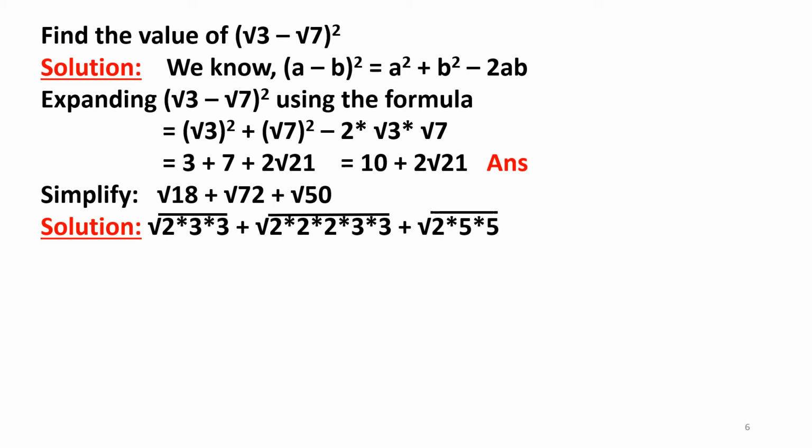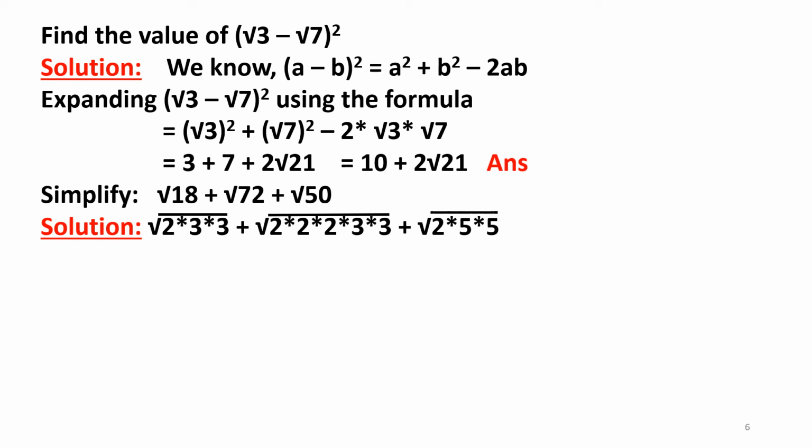Now see, root 18 is 2 into 3 into 3. 2 3s are there, so 1 3 can come out of the root. So root 18 is 3 root 2. Similarly, 72 is 2 into 2 into 2, 3 into 3. 2 3s are there, 2 2s are there.